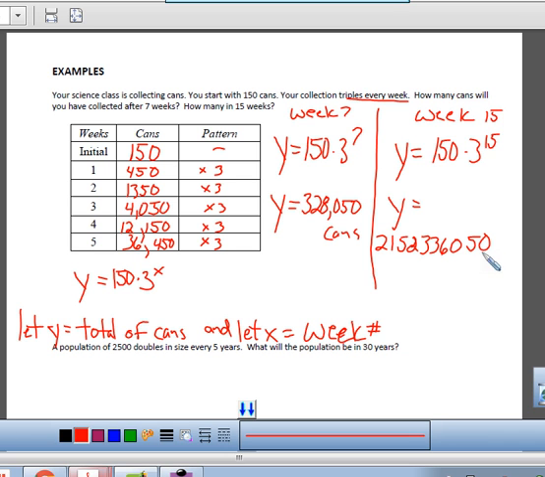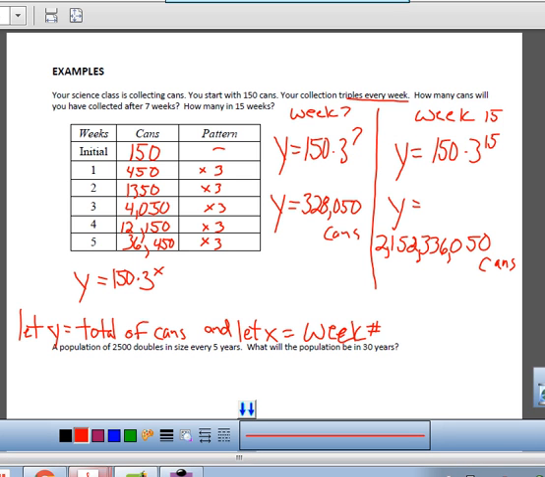Now let's go back through the number and put a comma every 3 digits. And it looks like we got 2,152,336,050 cans. I don't know if we could fit that many. Alright, so that's how you solve these types of problems.